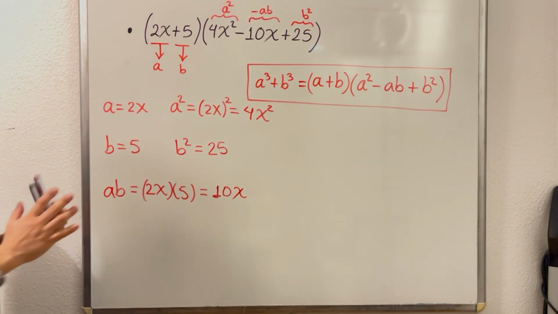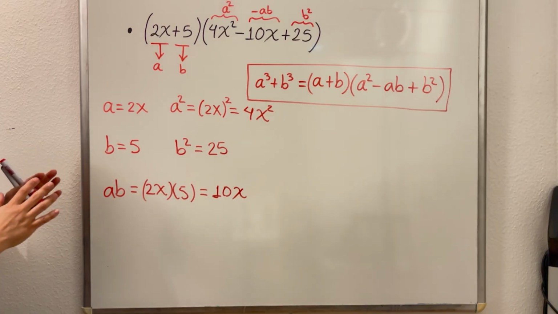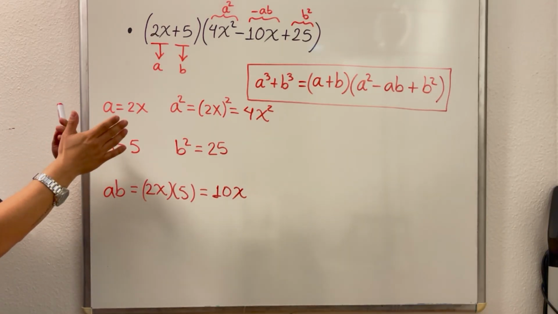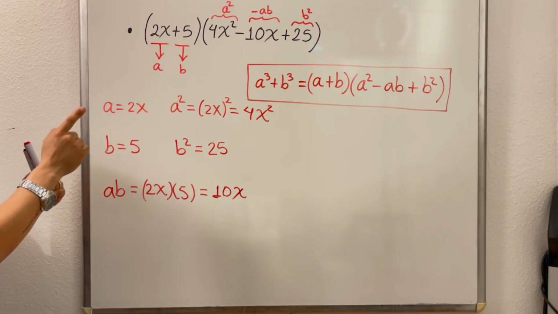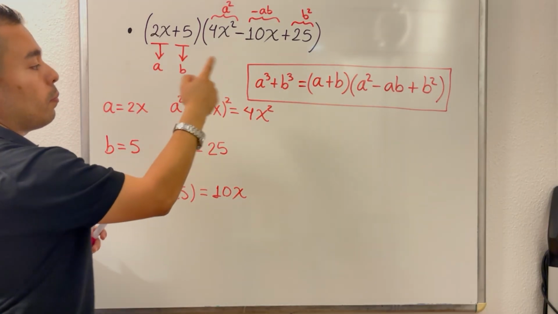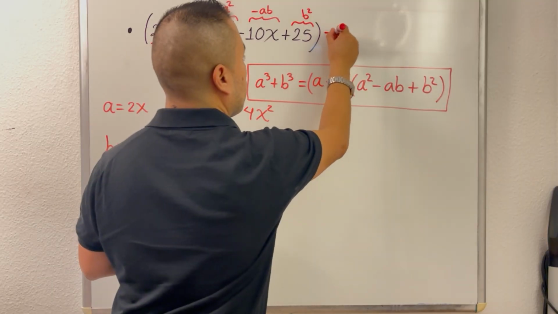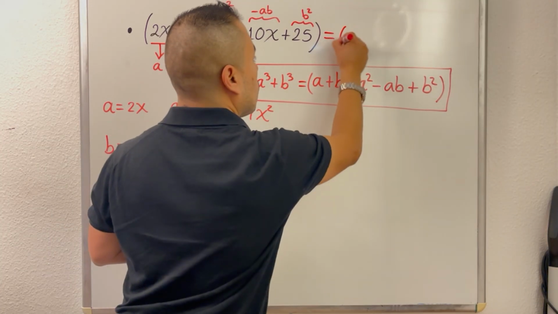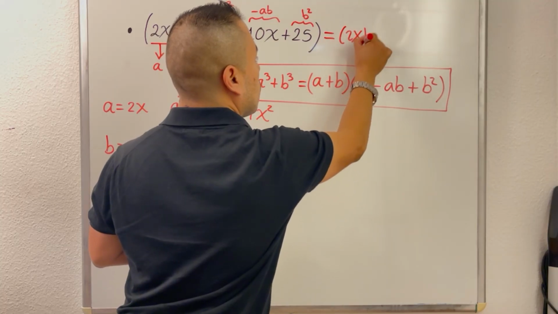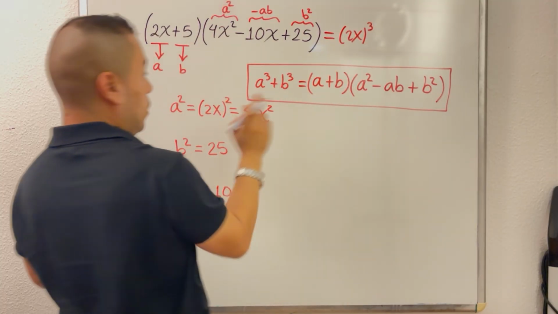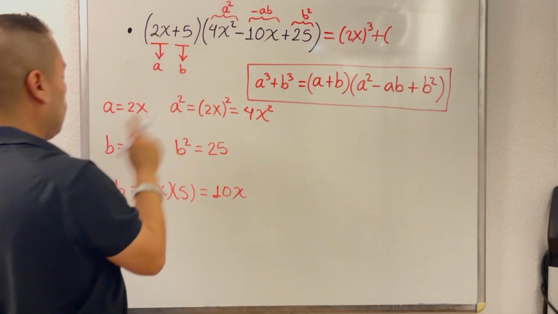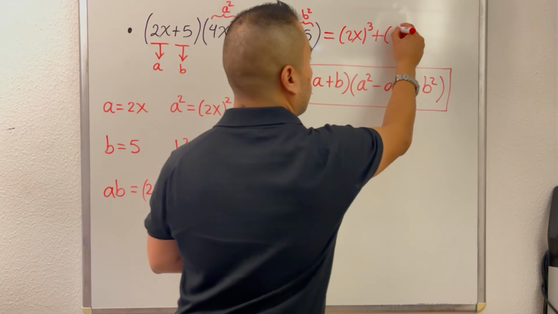So now that we know that this is effectively a sum of cubes, we can just apply the formula. That is a cubic plus b cubic. And we have said that a is 2x, plus b cubic. And b, we said it is 5.